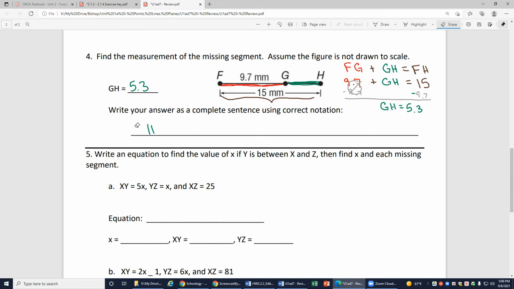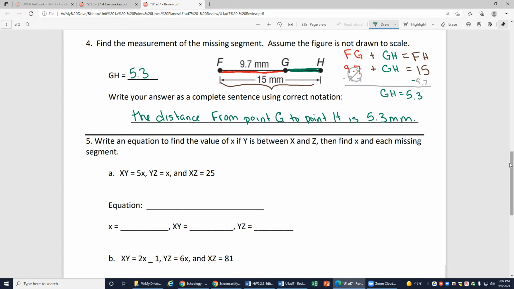Actually, we'll do the distance from point G to point H is 5.3, and my units are all millimeters. Okay.